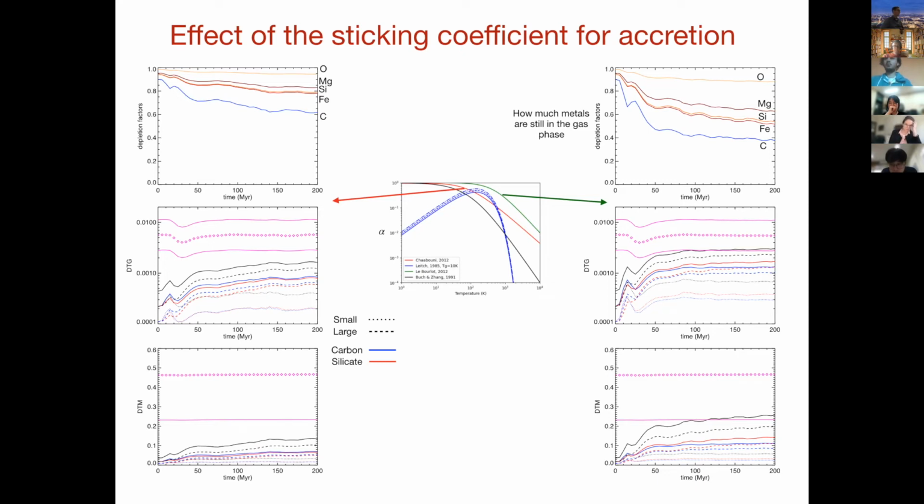But you see the effect of changing this sticking coefficient. This naturally changes the dust-to-gas ratio, the dust-to-metal ratio, and also the depletion factors of the various metals. And this seems to favor the Le Bourlot sticking coefficient to reach the dust-to-gas ratio. And even with that one, we're a bit on the low side of the observational constraints.